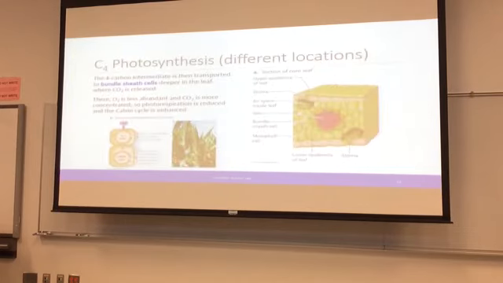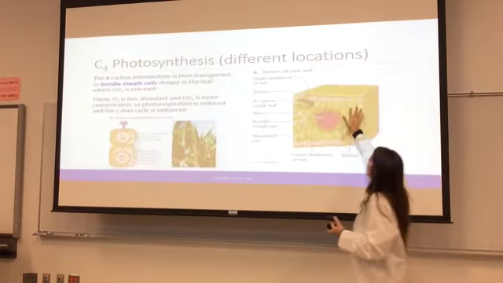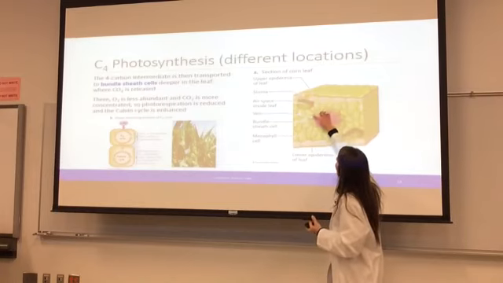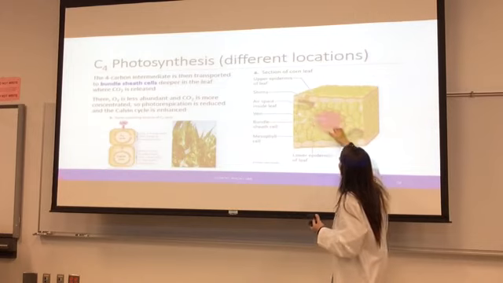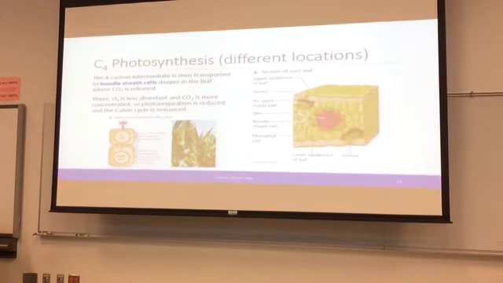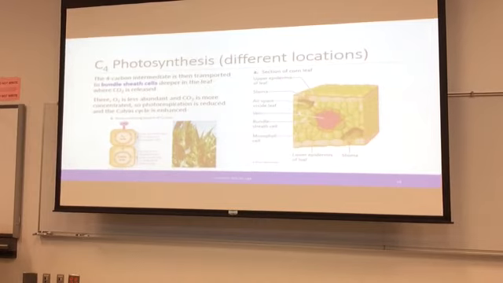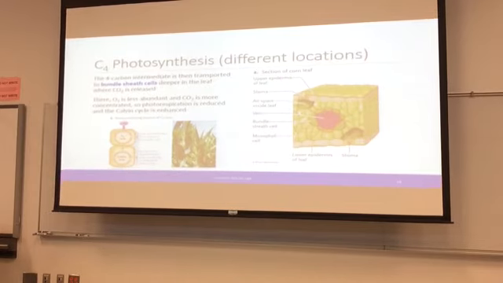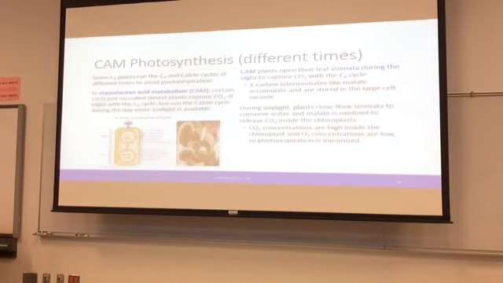So here's showing you that in C4, they take place in different locations. So it starts here, and then it will finish here, around that bundle sheath. Again, this is to allow for extra carbon dioxide to kind of be harnessed, and then O2 is not used, and the plant avoids photorespiration. In CAM photosynthesis, it occurs at different times.